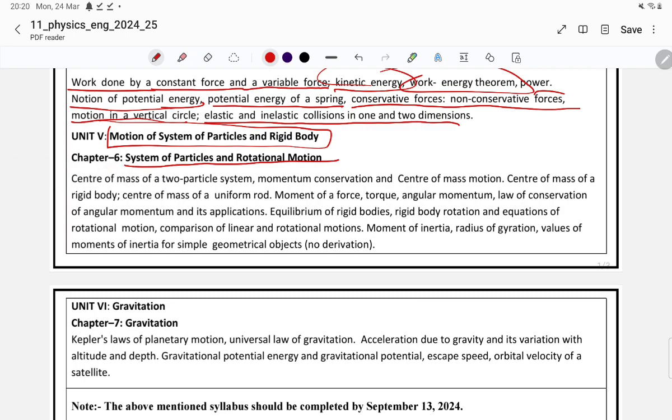This is the center of mass for a two-particle system, momentum conservation and center of mass motion.